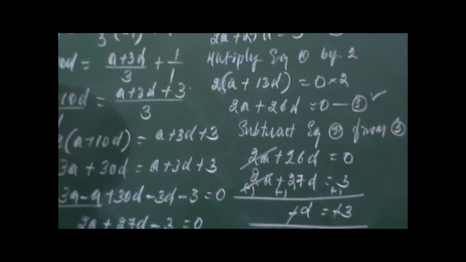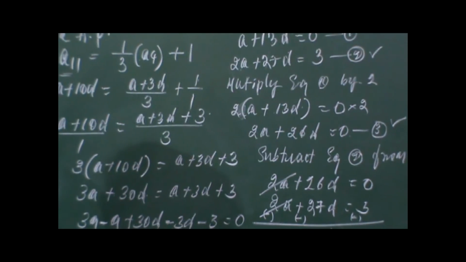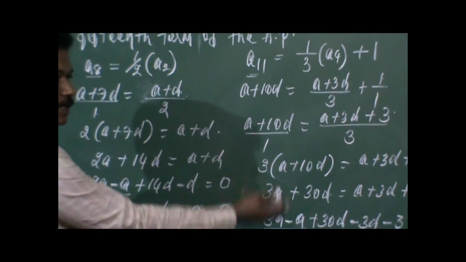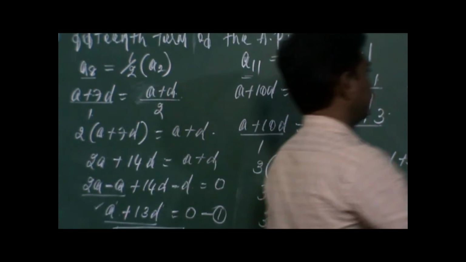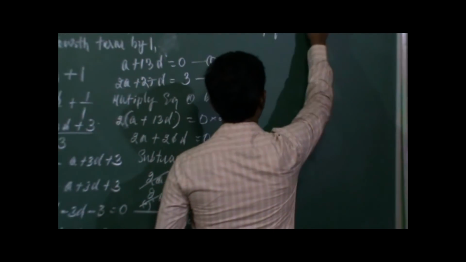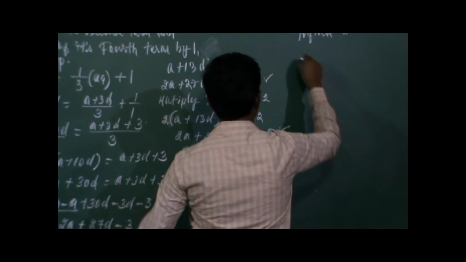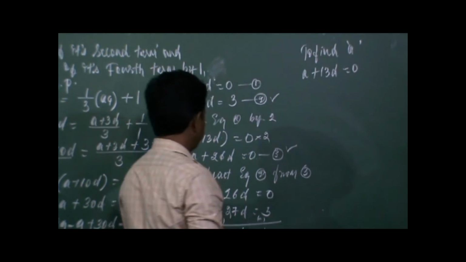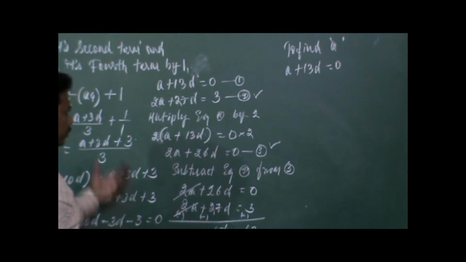We can substitute the value of D in A plus 13D is equal to 0 so that we can get A. You can substitute this value of D in any of the equations you want, equation 1, 2 or 3.